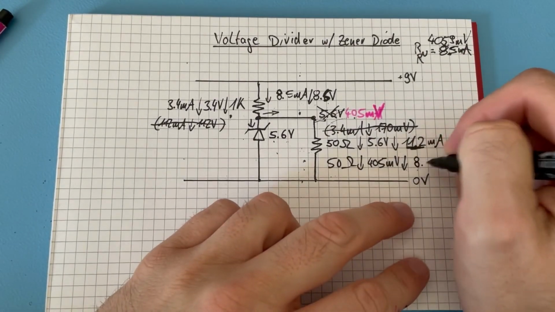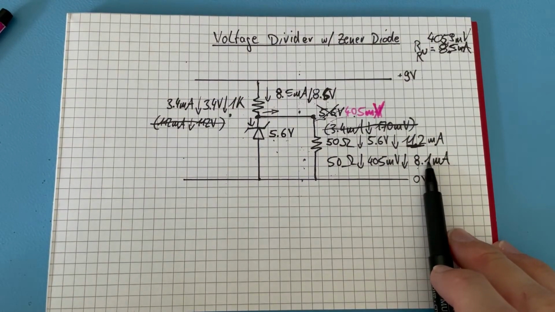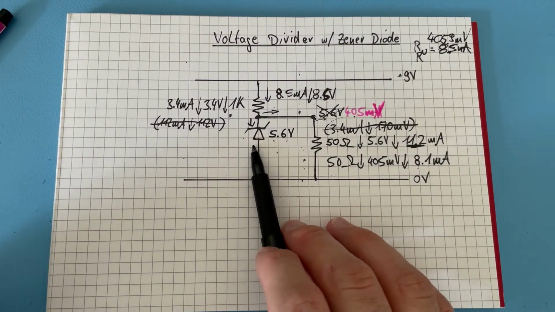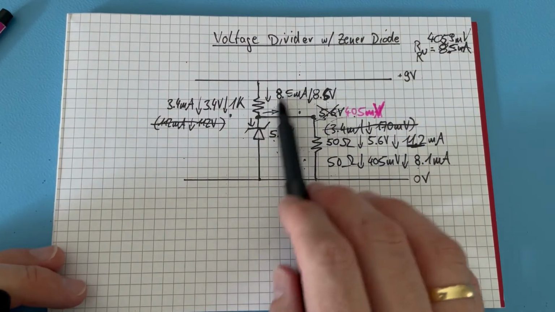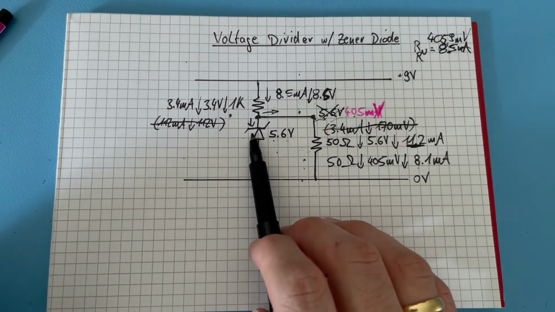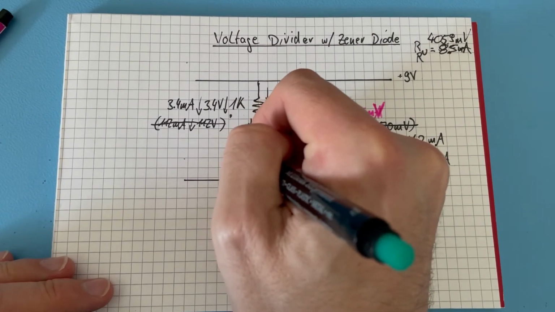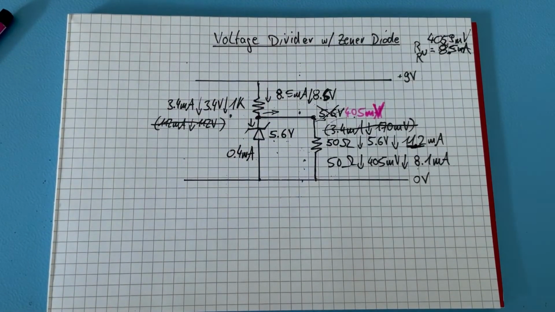what current is that? It's 8.1 milliampere across the resistor, and only about what is left then for the Zener diode. Yeah, it's around 0.4 milliampere left for the Zener diode.